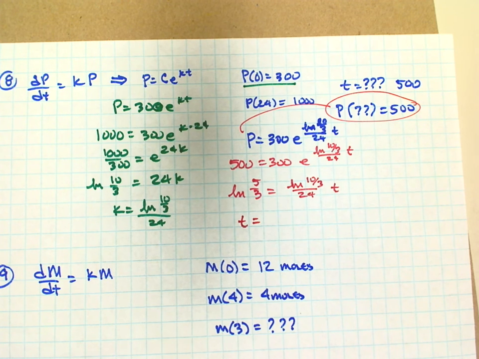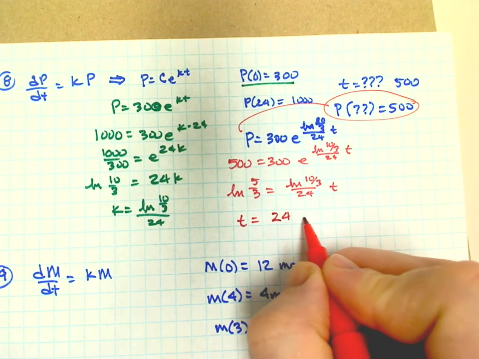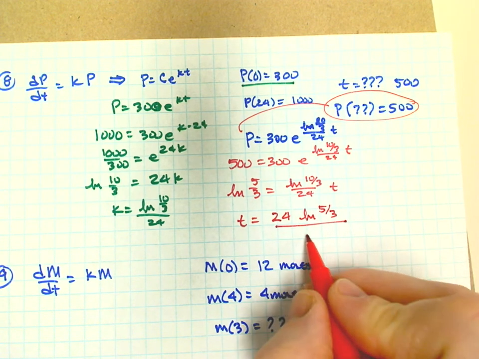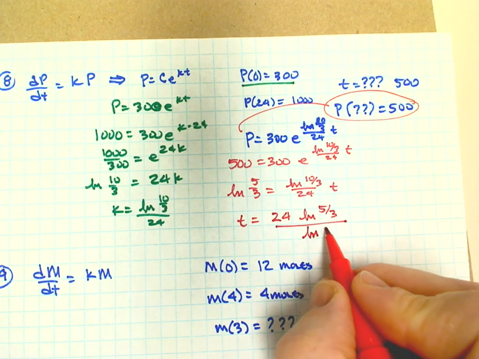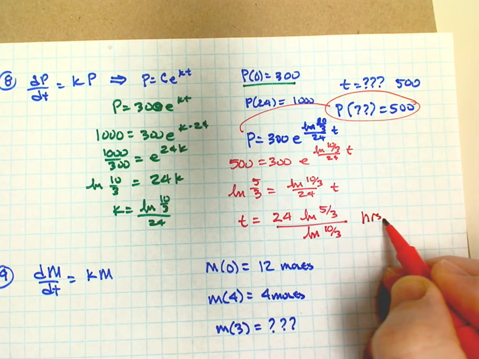T then will equal, I'm going to multiply both sides by 24, 24 times the natural log of 5 thirds, all divided by the natural log of 10 thirds. And that's what time that is. If it were a calculator, we would put it in our calculator. If it's a non-calculator, we're just going to leave it like that and put our units of hours on that.